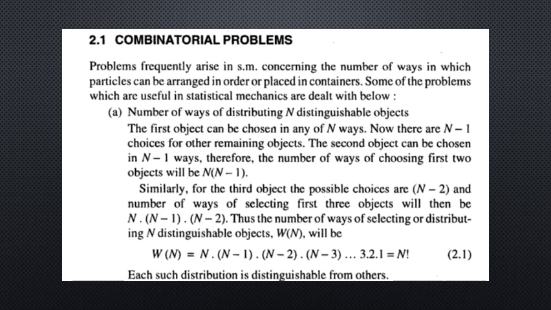So, for n objects, we can give the formula Wn is equal to n into n minus 1 into n minus 2 into n minus 3 and so on, lastly 3 into 2 into 1, which is equal to factorial n. Each such distribution is distinguishable from the other.